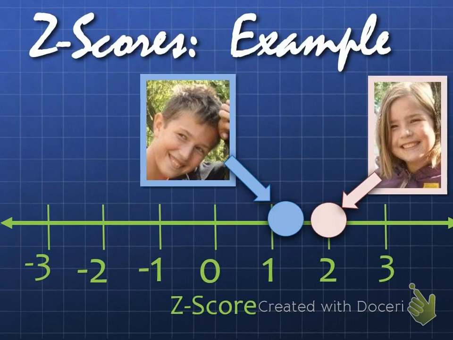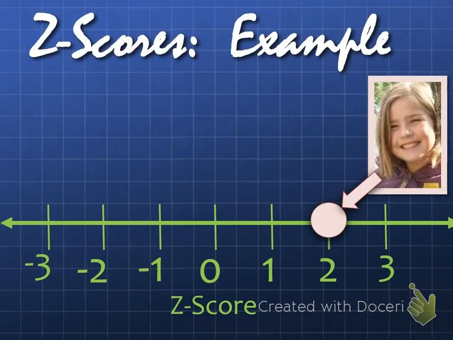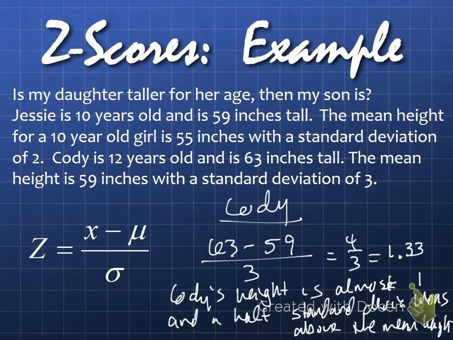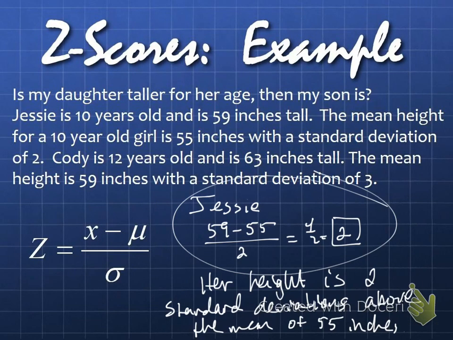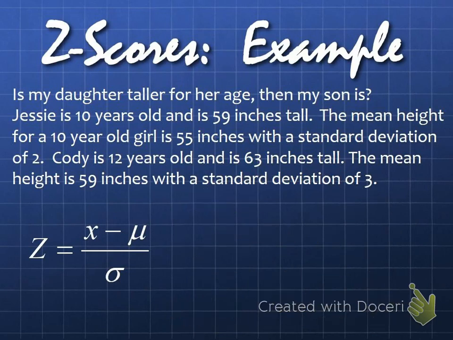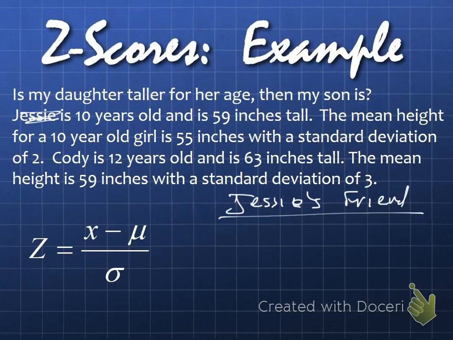So let's say Jesse's friend, I'm going to back up for a second. Not Jesse, but Jesse's friend, she's not 59 inches tall. She's actually 50 inches tall. She's a little shorter, right?